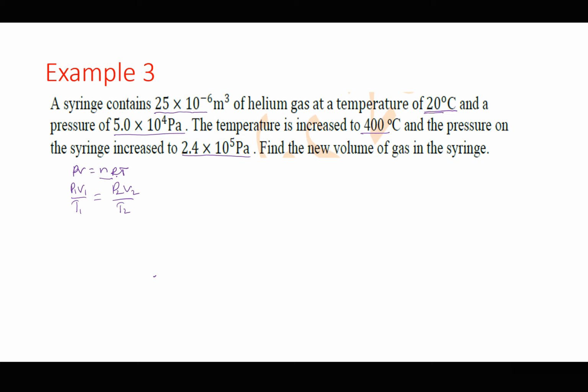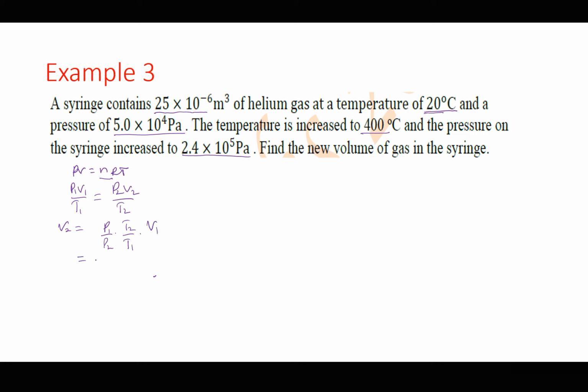So we want to find the second volume V2. So V2 will be equal to P1 over P2 times T2 over T1 times the volume V1.